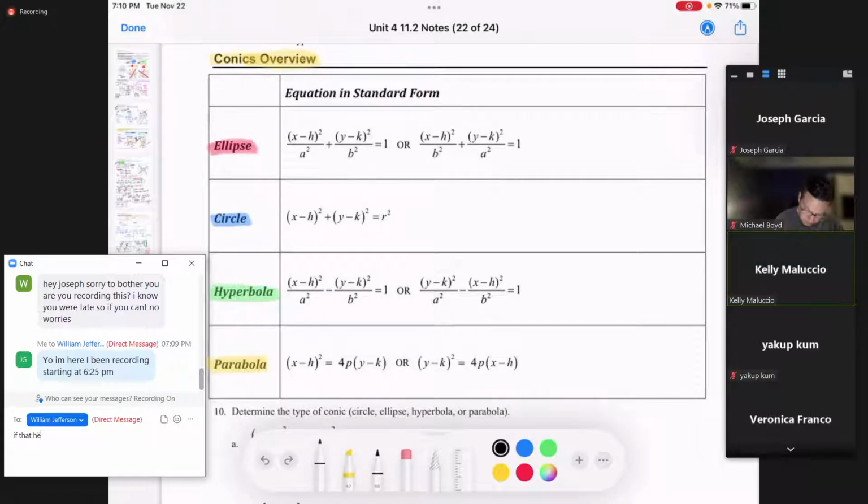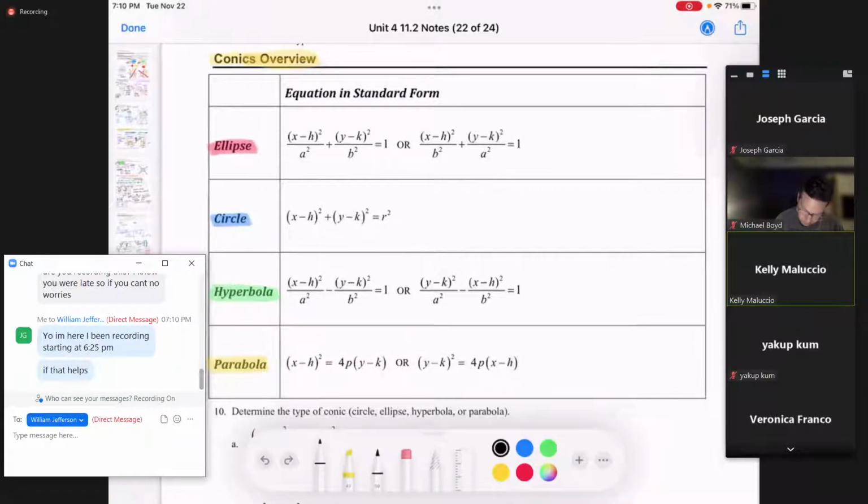So let me connect back on my computer. Let's see if this stays connected. Okay, I think it's connecting. I think it will. Hold on.